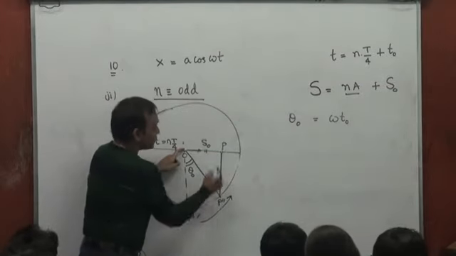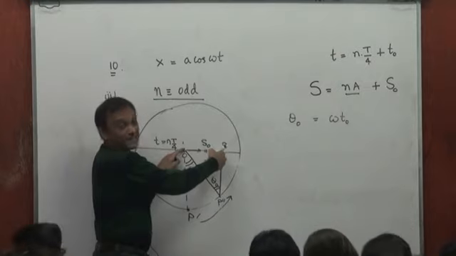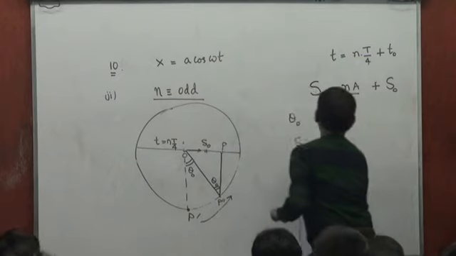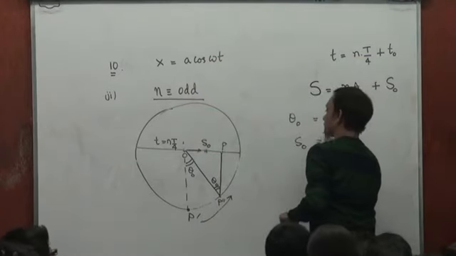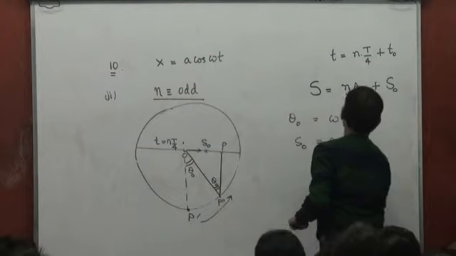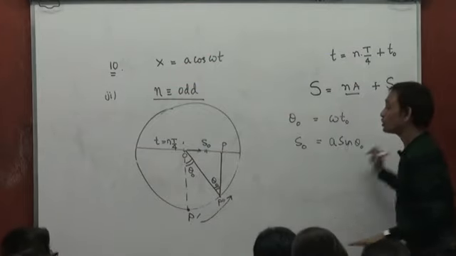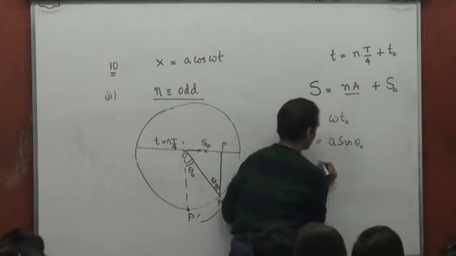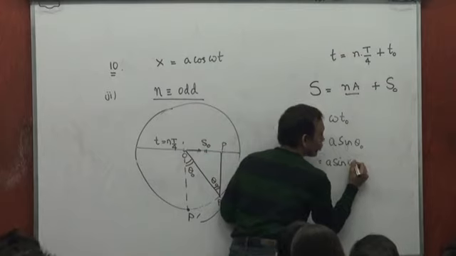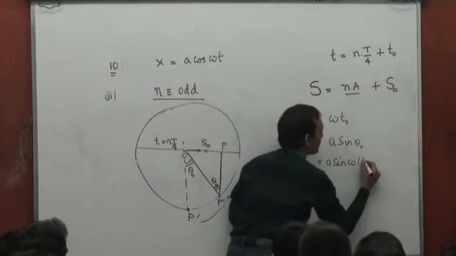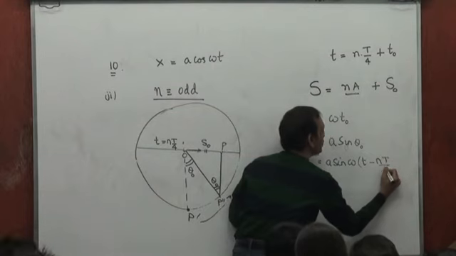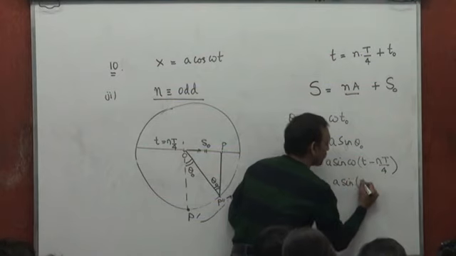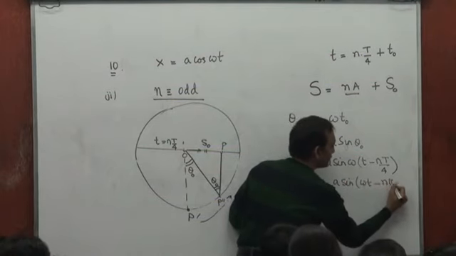Alright, this is A. So S naught is A sin theta naught, where theta naught is omega T naught, where T naught I can write as T minus NT by 4, which is A sin of (omega T minus N pi by 2).